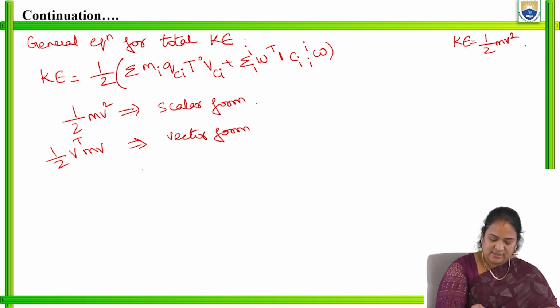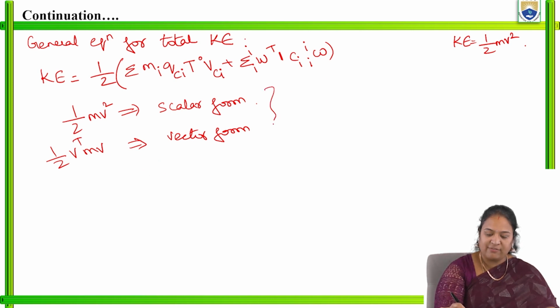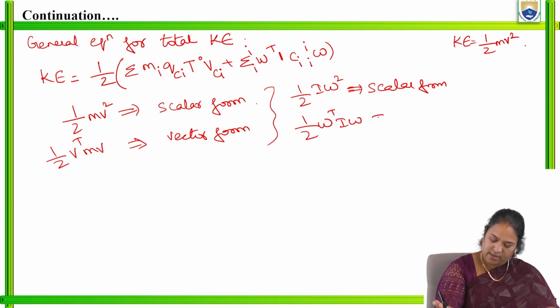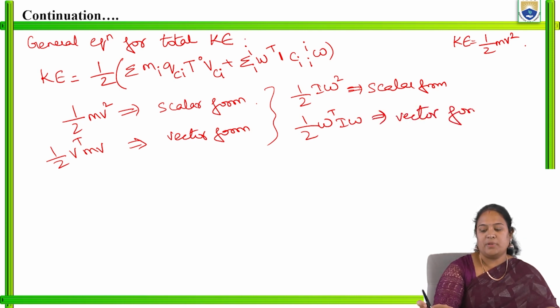Whereas when we come across the angular velocity, half I omega squared is the scalar form in terms of angular velocity, whereas half omega transpose I omega is the vector form, right?